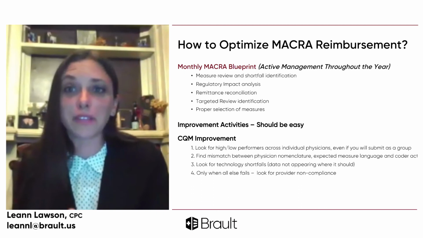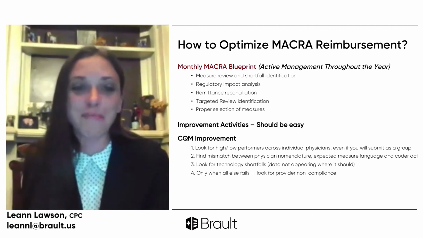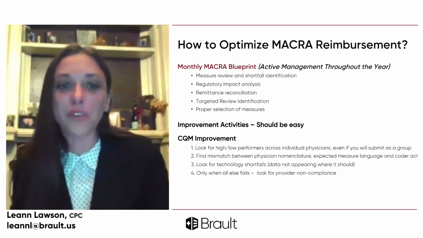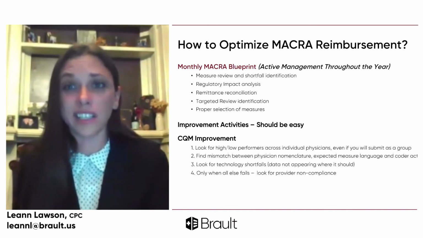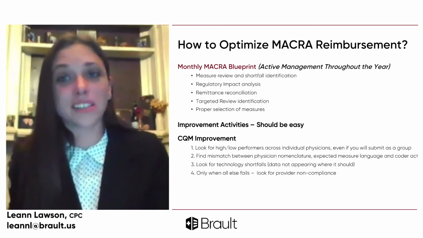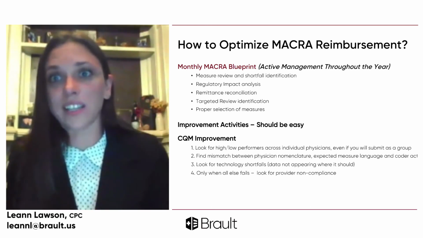One of my favorite topics and discussions is on CQM, or our quality measure improvement. So we really want to focus on analyzing our data at the level of an individual physician. Even if you're going to submit as a group, we want to look for those high and low performers for insight.